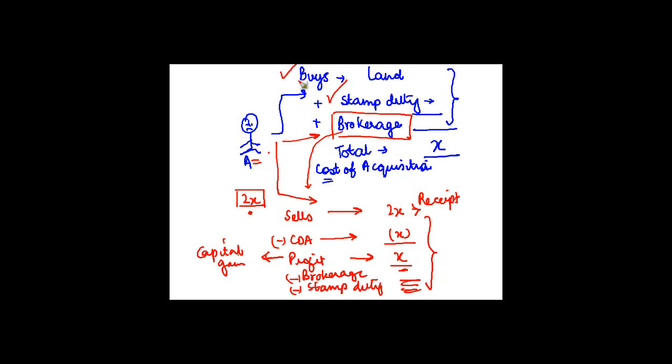You buy an asset, you incur some cost in getting the ownership, then you sell the asset, and you might again incur some expenses. From the sale proceeds, you reduce whatever cost you have incurred to get the profit, which is nothing but the capital gains. Now, in some cases, there is a concept of indexation of cost and expenses that I will explain subsequently when we deal with indexation.